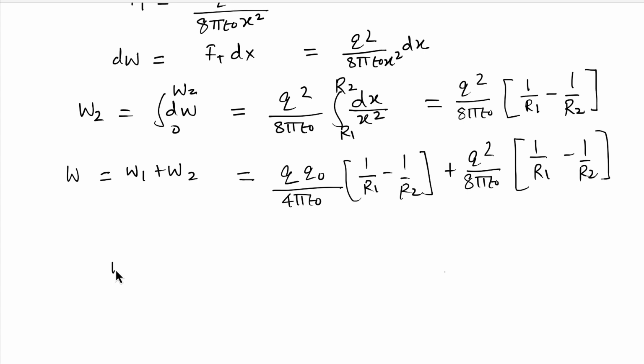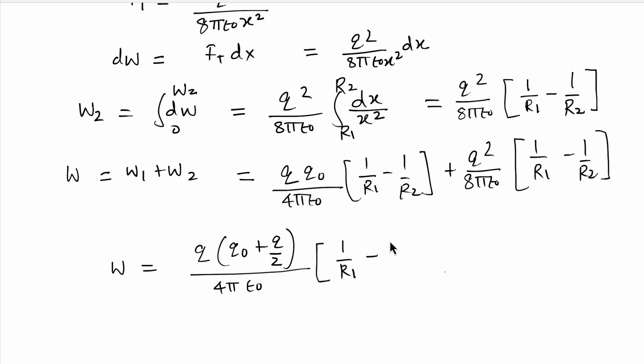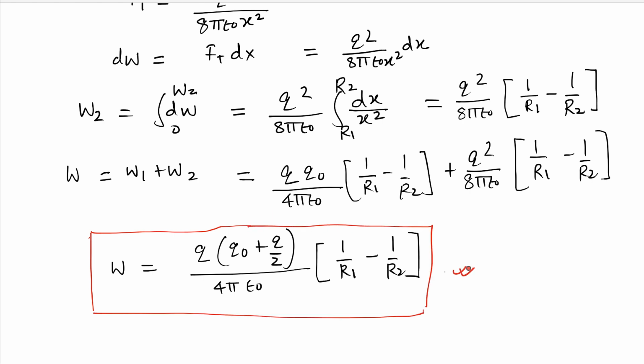Hence, we can simplify this to (q0 plus q by 2) by 4 pi epsilon naught times 1 by R1 minus 1 by R2. That's the final expression for the total work done. Okay, so I hope you got a few concepts here again.